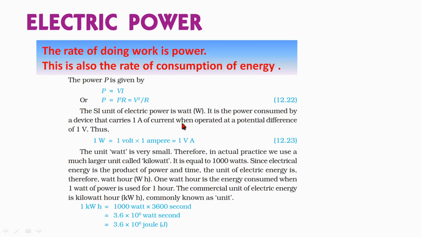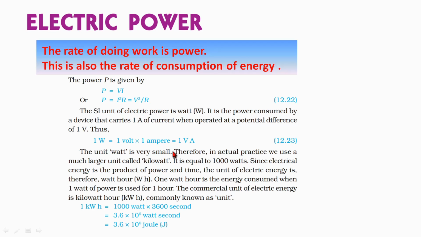It is the power consumed by a device that carries 1 ampere of current when operated at a potential difference of 1 volt. So 1 watt is equal to 1 volt into 1 ampere. Another name of watt is volt ampere. The unit watt is very small.